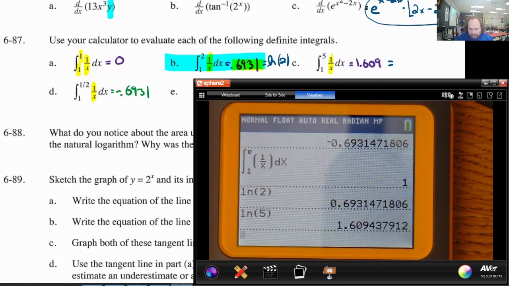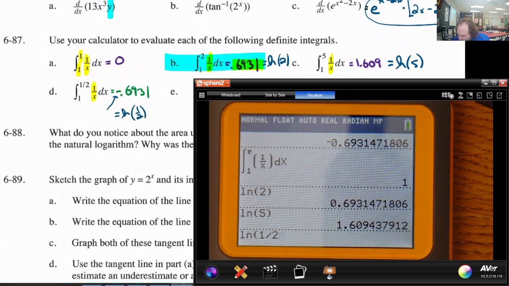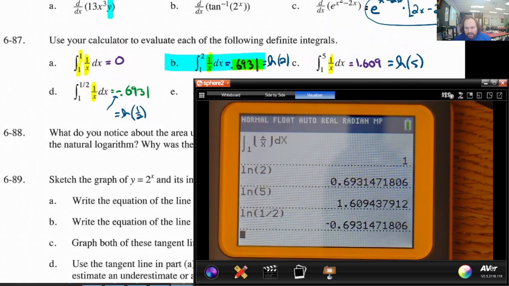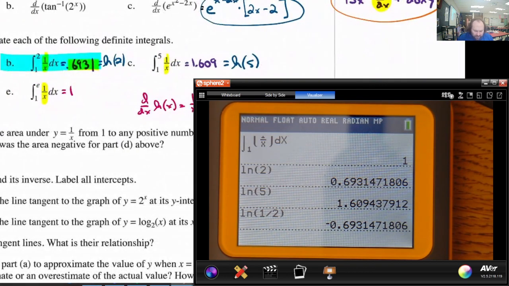It is. This problem is going to be negative because the order of the limits is different. I'm guessing this is the natural log of 1/2, which it is. And finally, this would make sense because the natural log of e is equal to 1, because log base e of itself is always equal to 1.